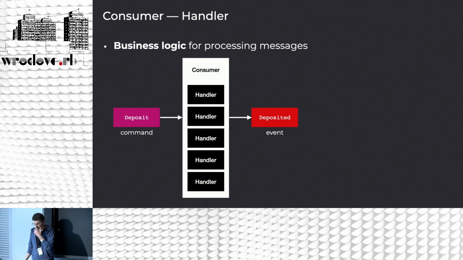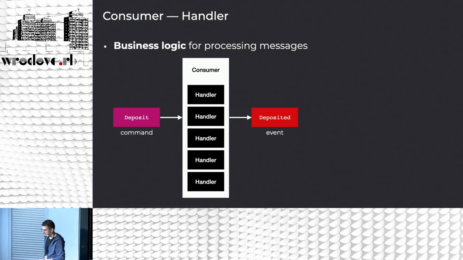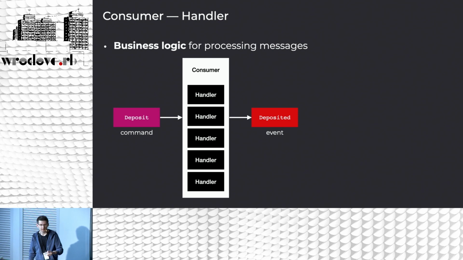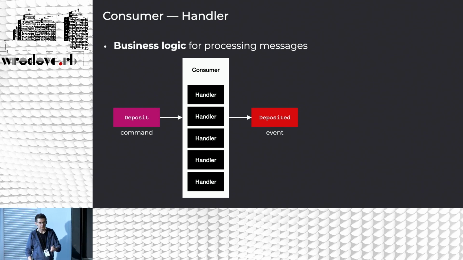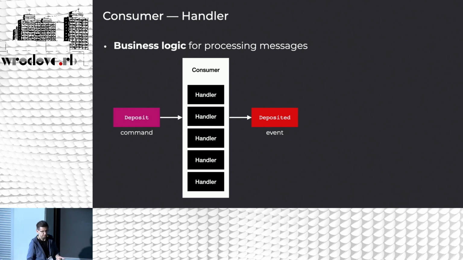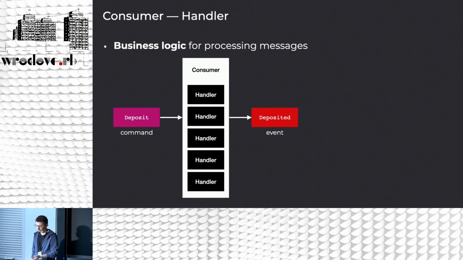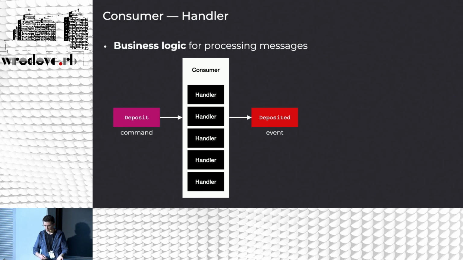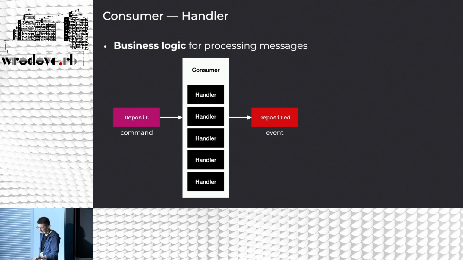Let's go inside. So inside of consumers, we have something called handlers. Handlers are business logic blocks. Each handler is responsible for handling a specific type of message. For example, we would have one handler for deposit messages, another for withdraw. What can you do with a bank account? Or close account, for example.